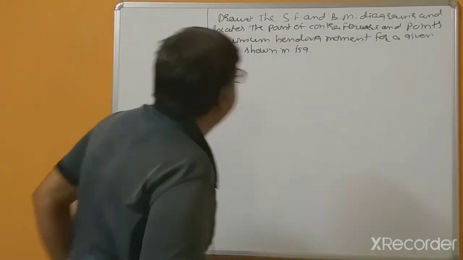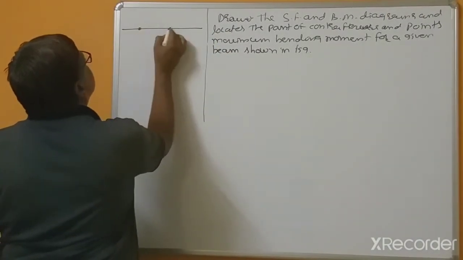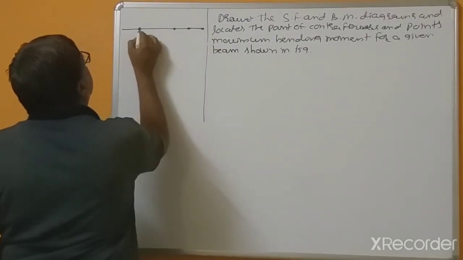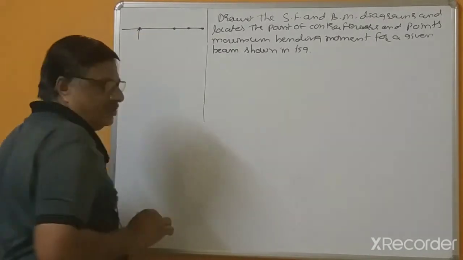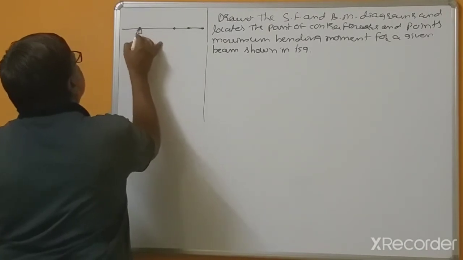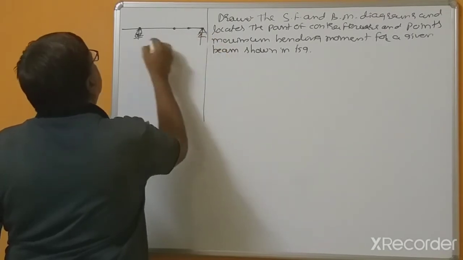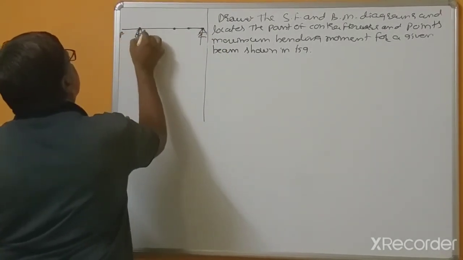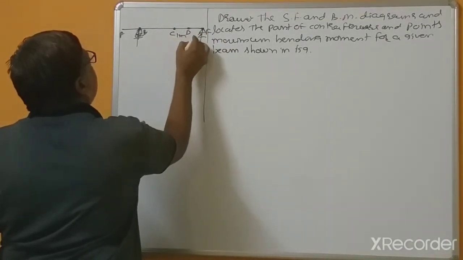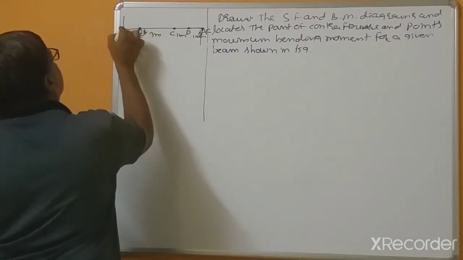There is a roller support and a fixed support. So this is point A, B, C, D, E, with spans 1 meter, 1 meter, 3 meter, 1 meter.